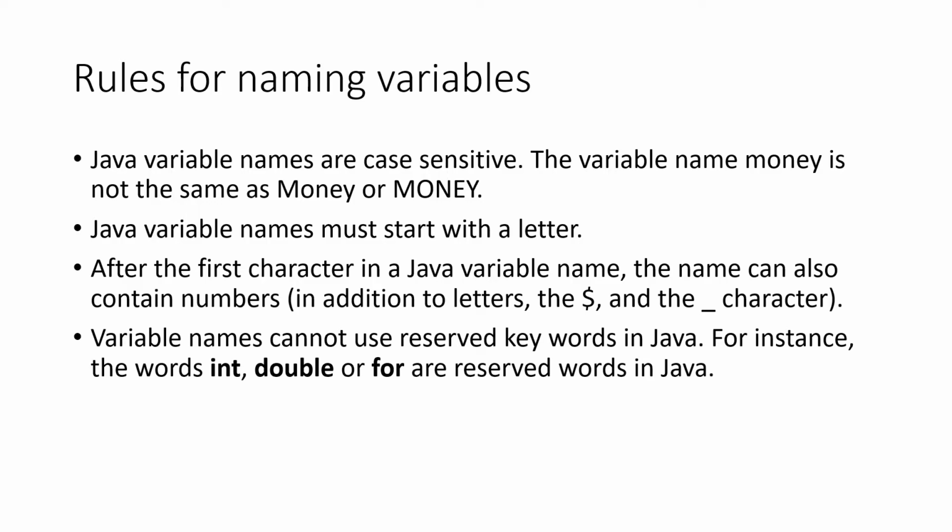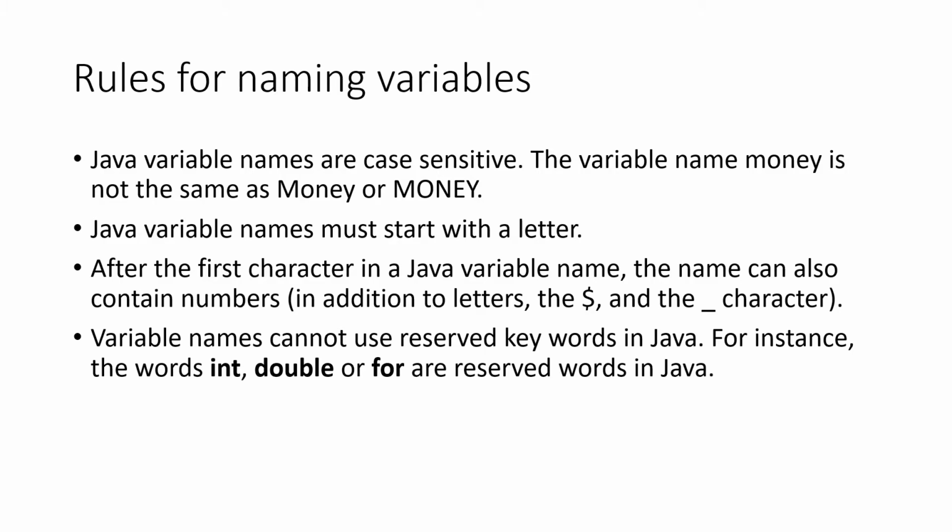However, after the first character, you can use any number, like first one, or you can use the $, which I rarely do, or the underscore. So you could use the underscore to give the illusion of space between names.